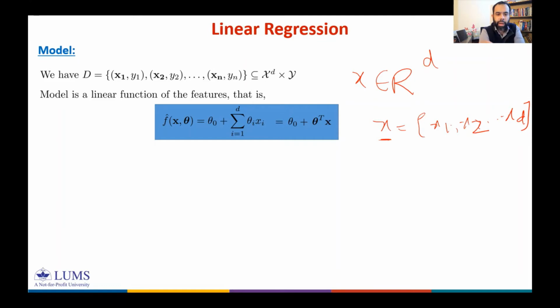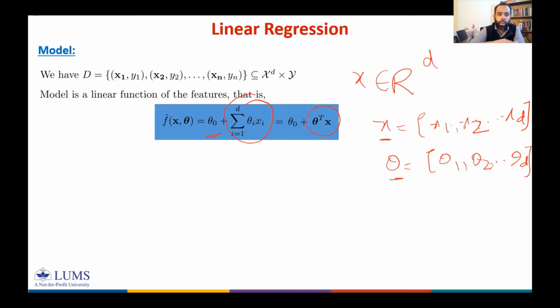And if I define a vector theta, which has theta 1, theta 2, up to theta d, this is my theta vector. So I can write this using compact notation as theta naught, and this summation can be written as inner product, or a dot product, of theta with x.